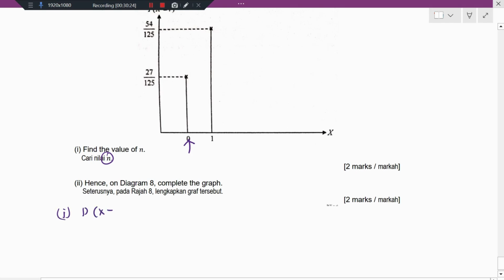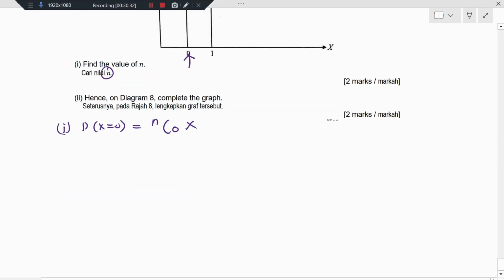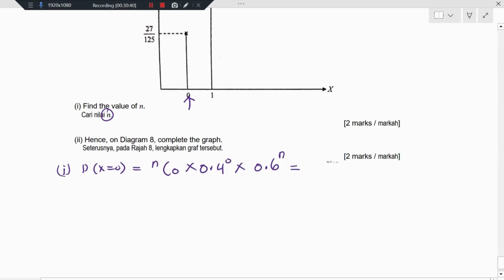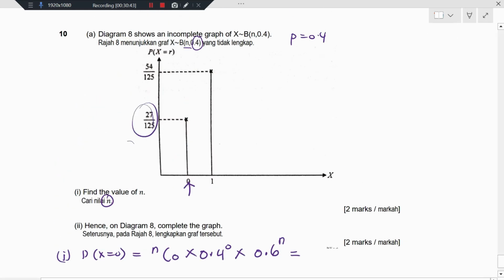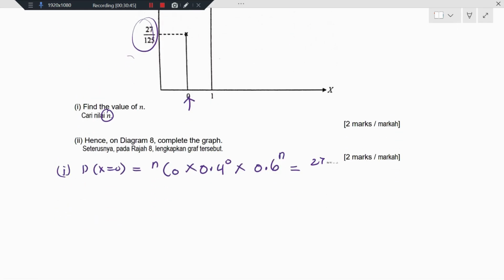So probability x equals to 0 is equals to nC0, multiply probability of success given 0.4 power 0 times 0.6, n minus 0 is n, which is equals to 27 over 125. So cut this, because anything C0 is 1, anything power 0 is 1.